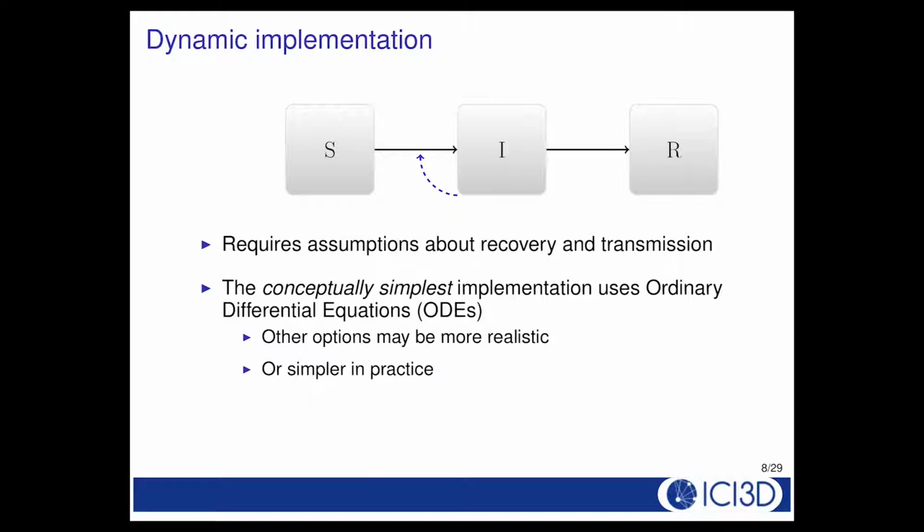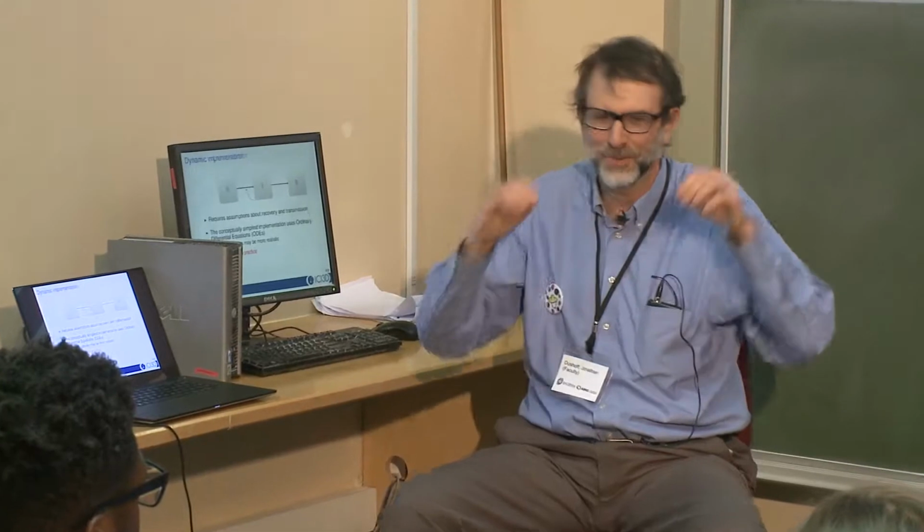You don't need a time scale. There's a lot of details that you have to worry about in any other model. The ODE is the conceptually simplest way to do it, but you may do it another way, either because you feel the other way is more realistic, or because conceptual simplicity is not the only thing you're worried about. On the spreadsheet, I'm going to make a discrete time model, which in some ways is conceptually more complicated, but in terms of actually putting it into a spreadsheet is a lot easier.